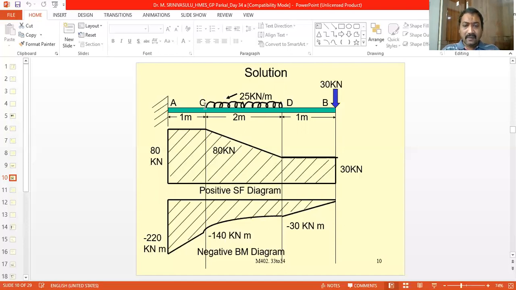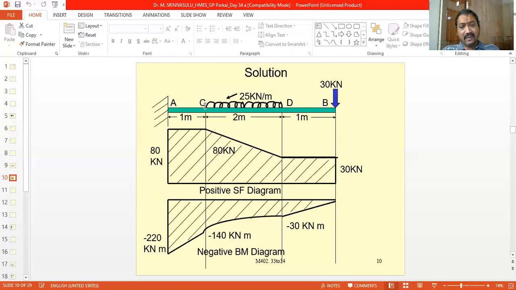Now coming to the shear force at point C. You have to take a section exactly at the point C. On the right side of C we have two loads. One is the point load of 30 kN and the other is a UDL. UDL of how much? 25 into 2, because 25 kN per meter length is acting over a length of 2 meters.